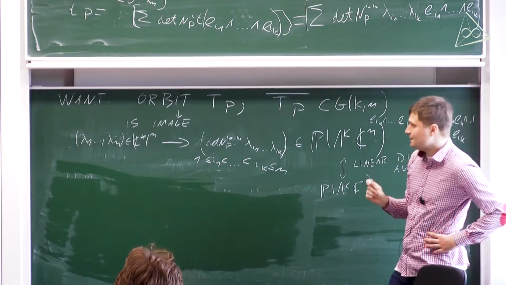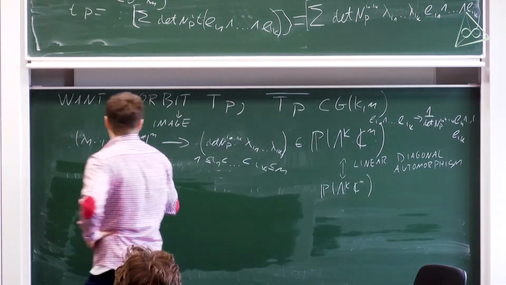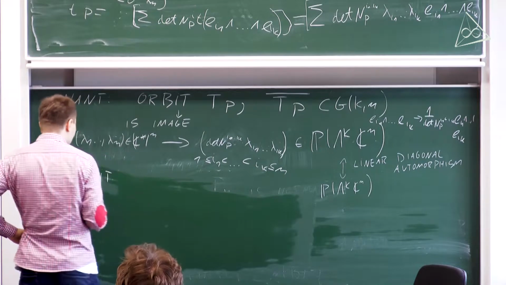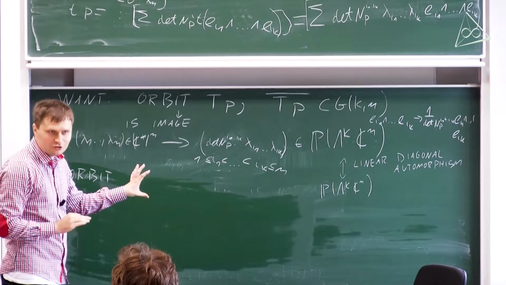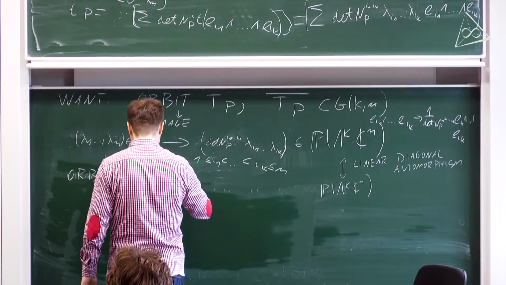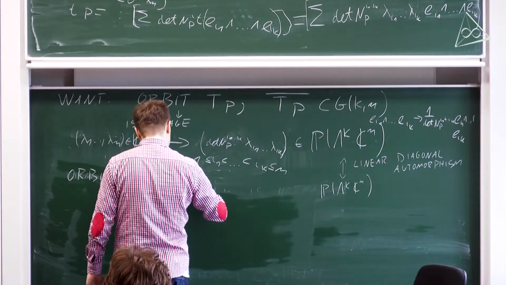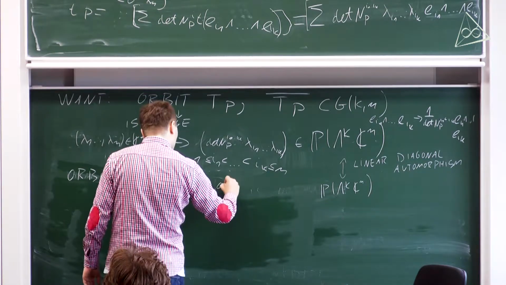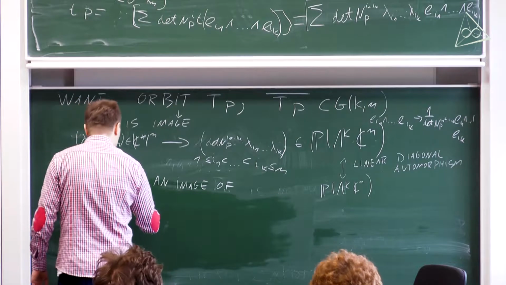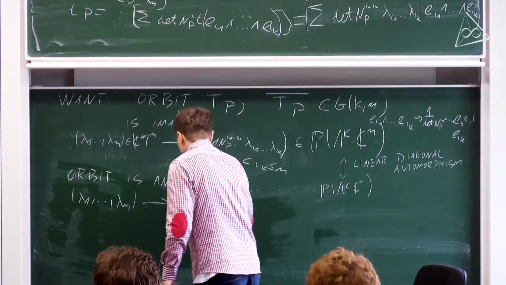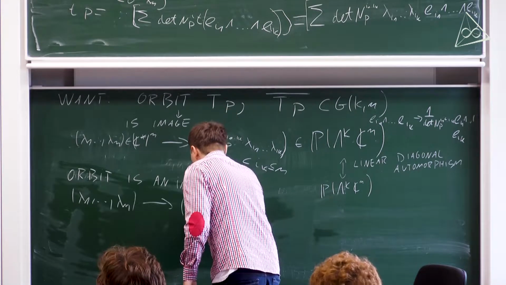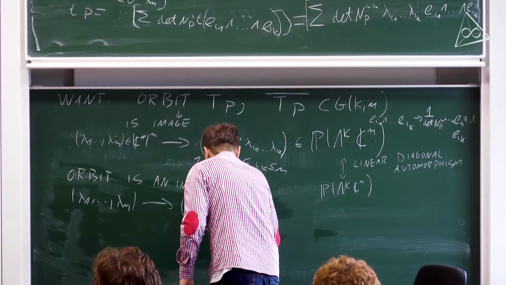But if we fix a P, the orbit, so what I write now will not be true, but let me still write it, is an image of lambda_{i1} ... lambda_{ik}, i1 less than ... less than ik.